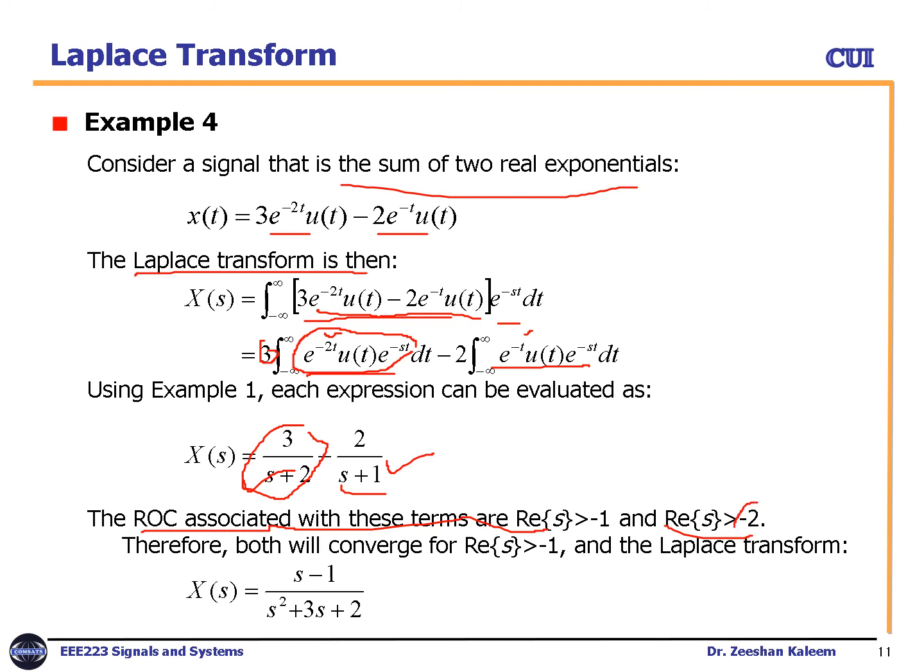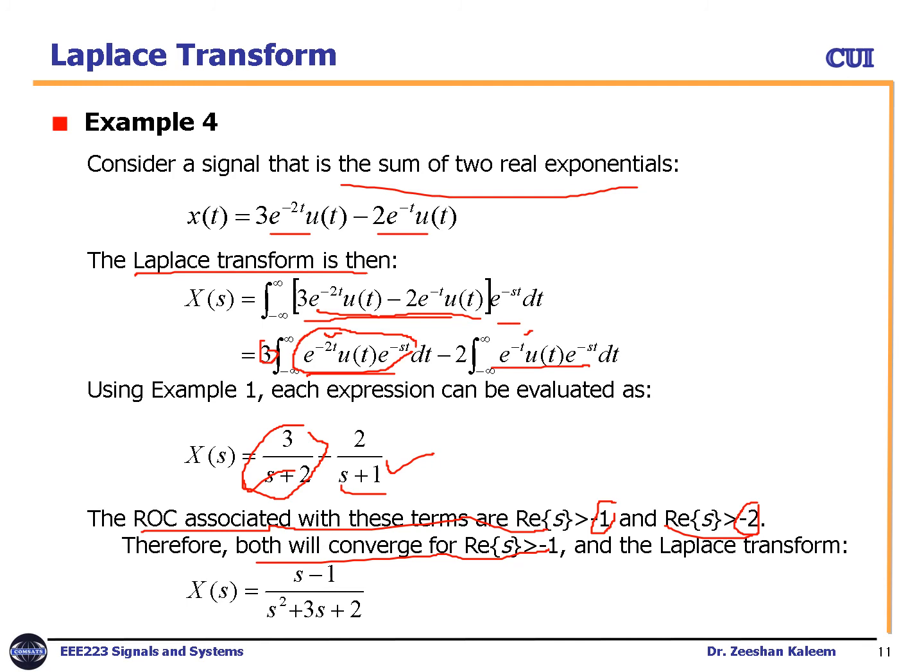So here you have a equal to 2, and here you have a equal to 1. Because minus 2 is less than minus 1, we can only say that the Laplace transform will converge when real of s is greater than minus 1.